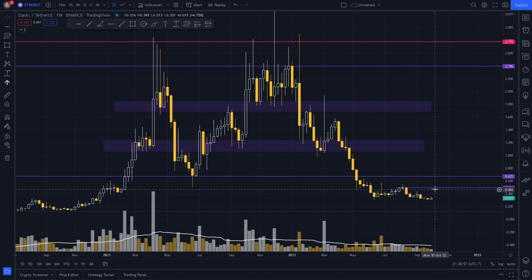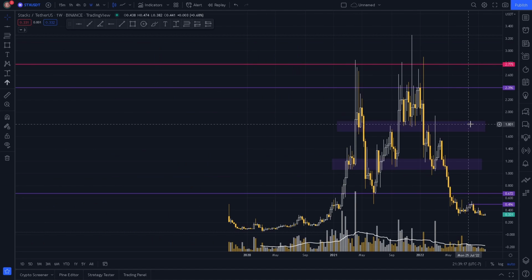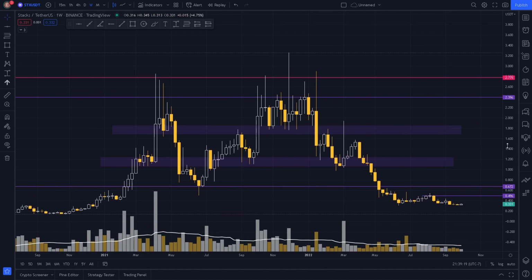So as price comes back up to the same key level, we can expect a reaction, although price may just break right through. But it's better to have it plotted on our chart, as when we see price action forming around the level, we know that there's a reaction occurring. So reset our chart and take a look at what we found.